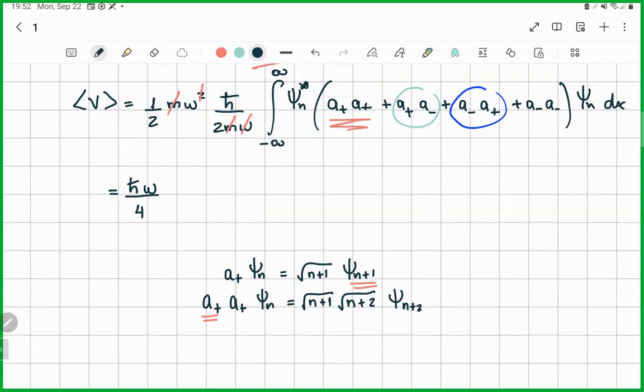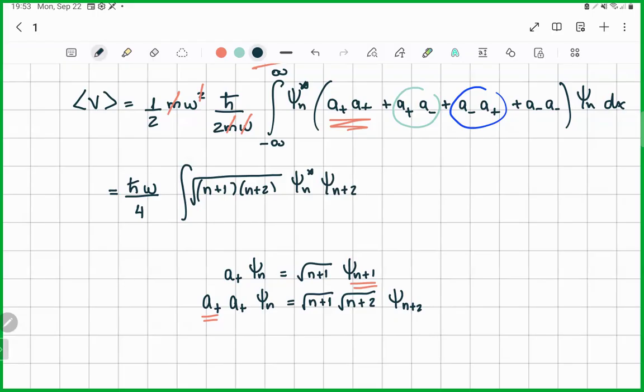All right, so then I'm going to put this in our first term in that integral. We have n plus 1, n plus 2, all that in the square root, psi n plus 2. So this is the first term.